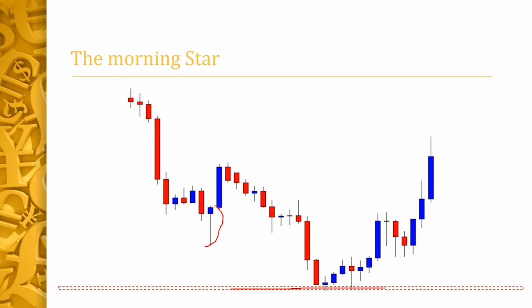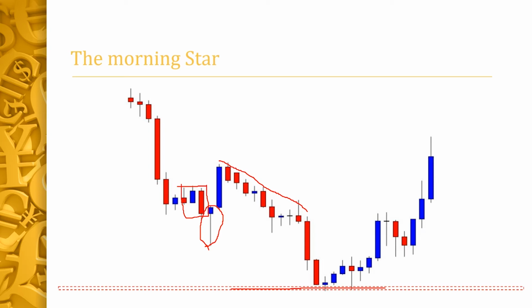Like this one here, we had this hammer, this morning star formation. We also had a very bullish candle after it that engulfed lots of candles here, as you see, but it wasn't a good signal, and the market started rolling down again.